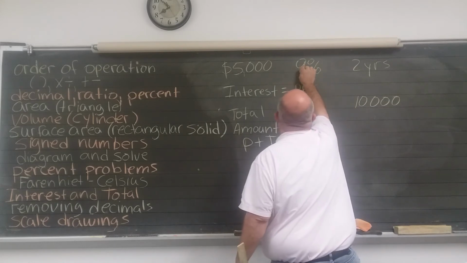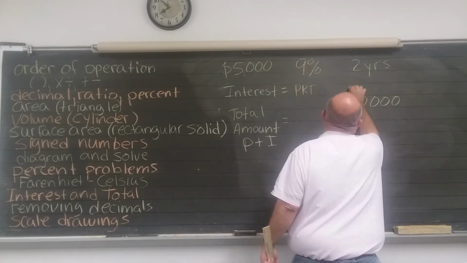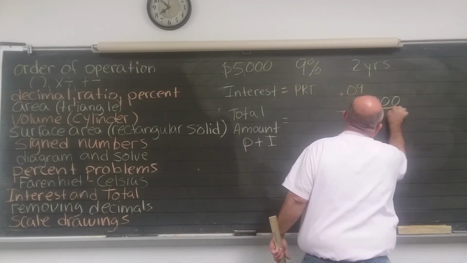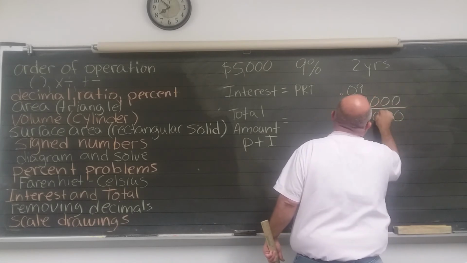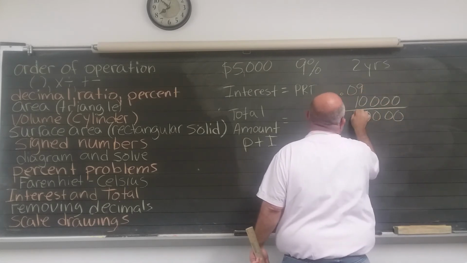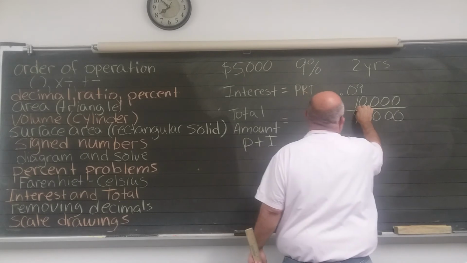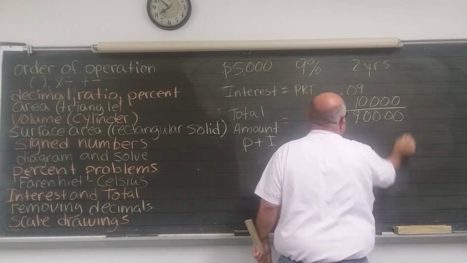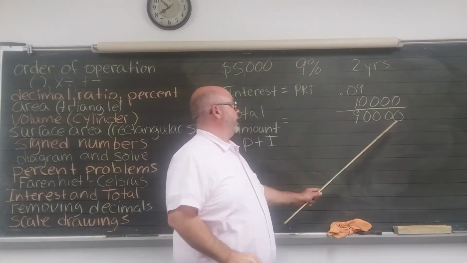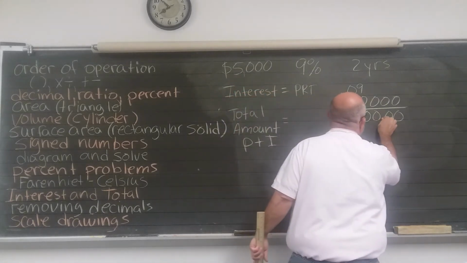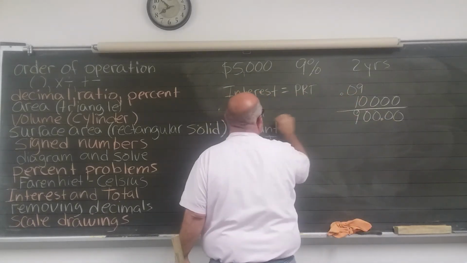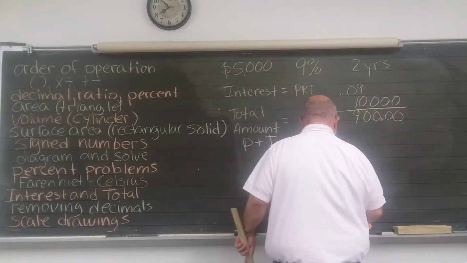And now multiply the 0.09. 1 times 9, 9. You don't have to put that 0 there. Decimal point 2 places. Decimal point 2 places. So your interest is $900.